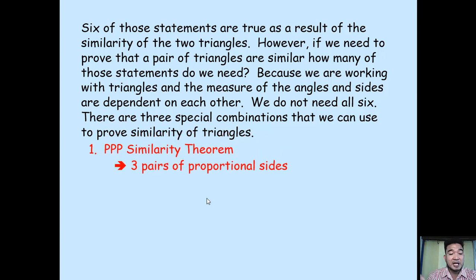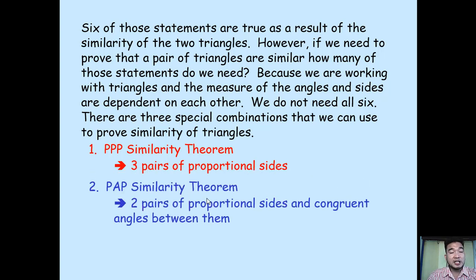The SSS similarity theorem, or three pairs of proportional sides. If we have three pairs of proportional sides in two triangles, then we may say that the two triangles are similar. The next one is the SAS similarity theorem.